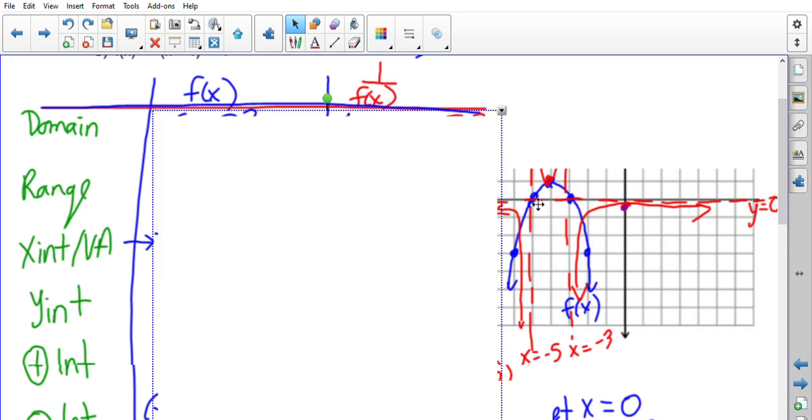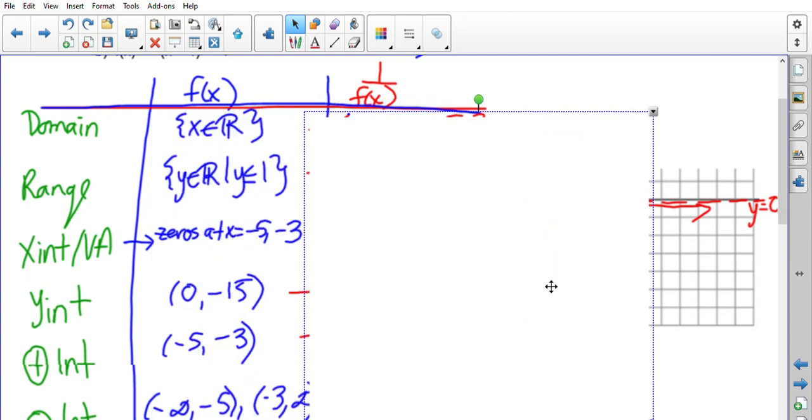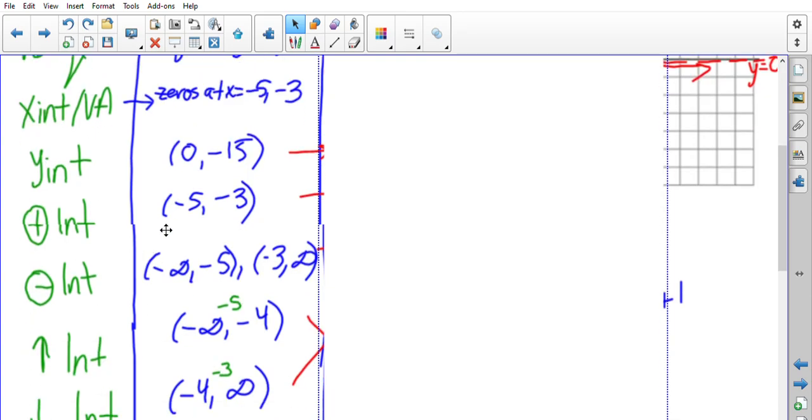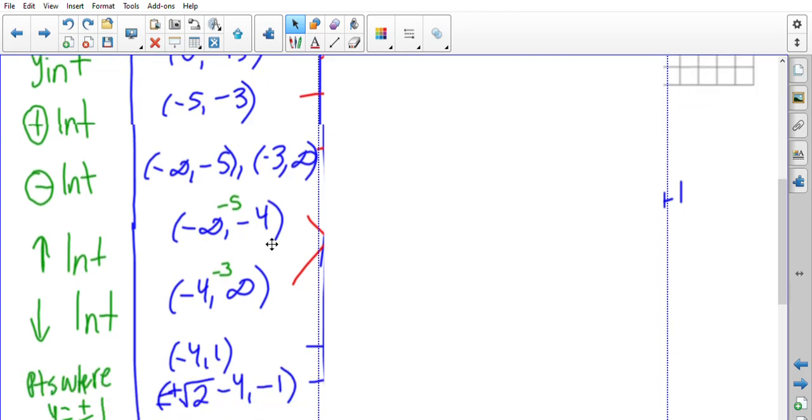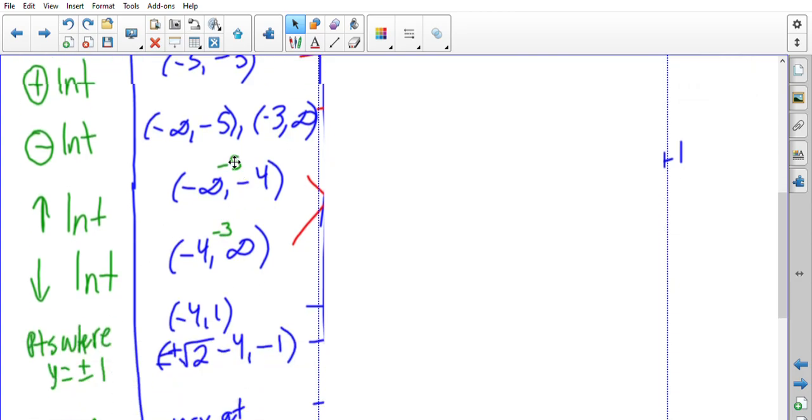And then it's below the x-axis to the left of the x-intercept and to the right of the x-intercept. So that's why we say it's above the x-axis between -5 and -3, and below the x-axis from -infinity to -5, and then jump all the way over to the other x-intercept, -3 to infinity. Ignore these green numbers right now. Just focus on the blue.